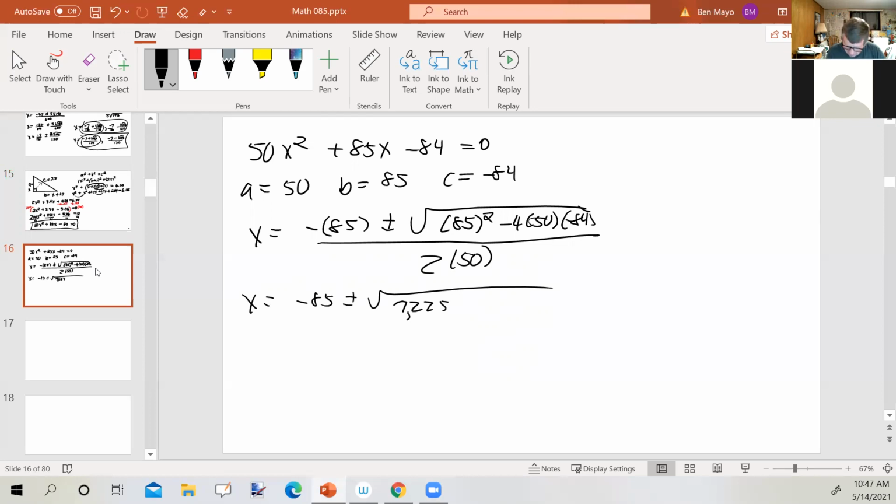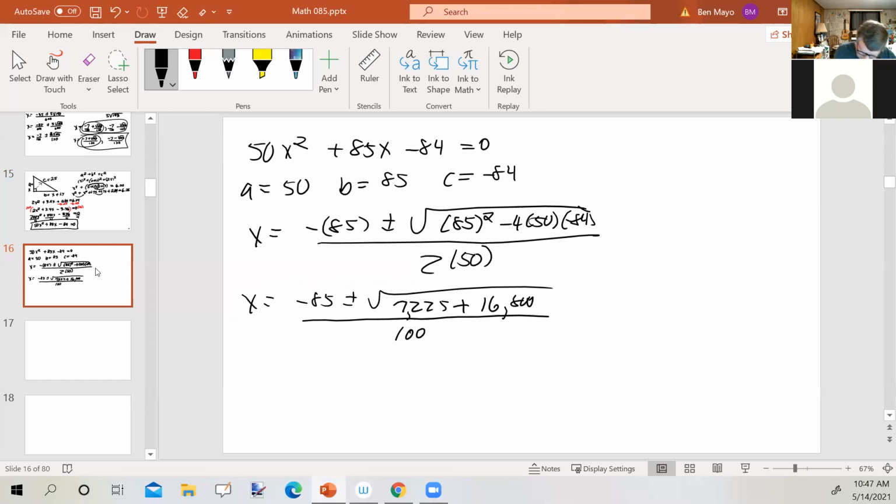It's a good thing, you know, you can use a calculator. All right, then I've got minus 4 times, let's see, minus 4 times 50 would be minus 200 times negative 84, which is going to be positive. So 4 times 50 times 84 is 16,800 all over 2 times 50, which is 100.